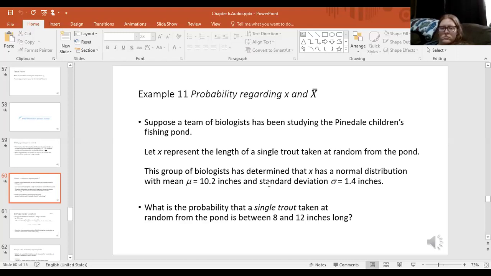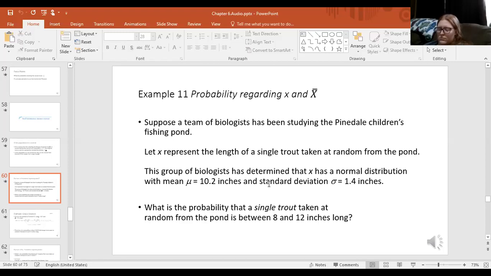Mu is 10.2, and the standard deviation is 1.4. What is the probability that a single trout taken at random from the pond is between 8 and 12 inches?